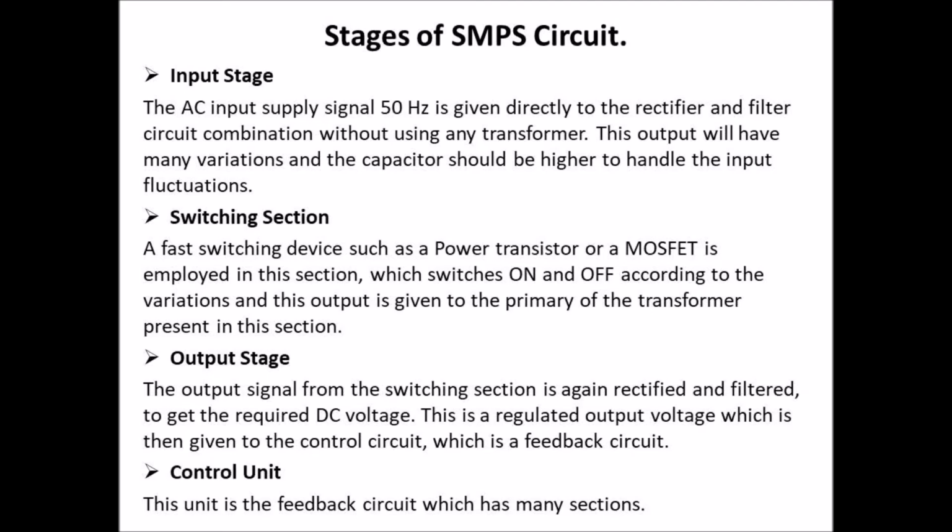The output signal from the switching section is again rectified and filtered to get the required DC voltage. This is a regulated output voltage which is then given to the control circuit which is a feedback circuit. Fourth one, control unit. This unit is the feedback circuit which has many sections.